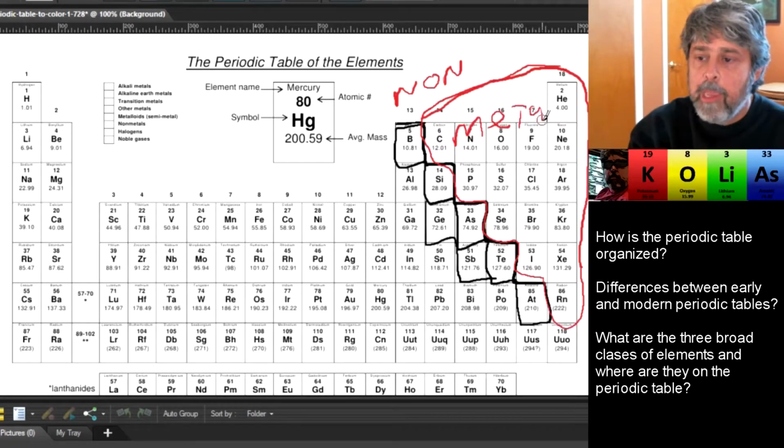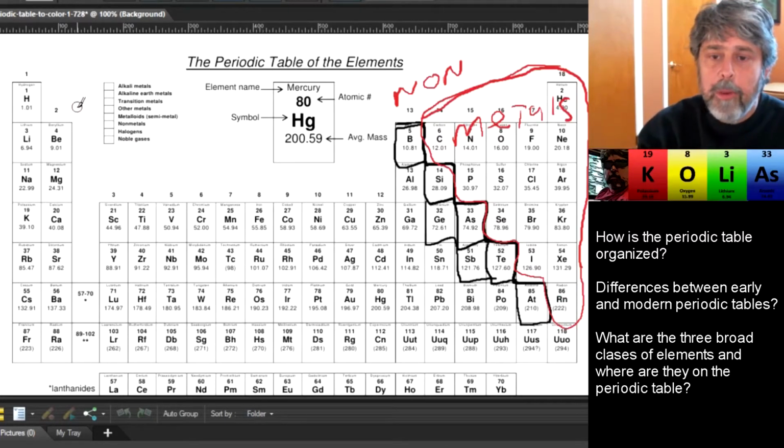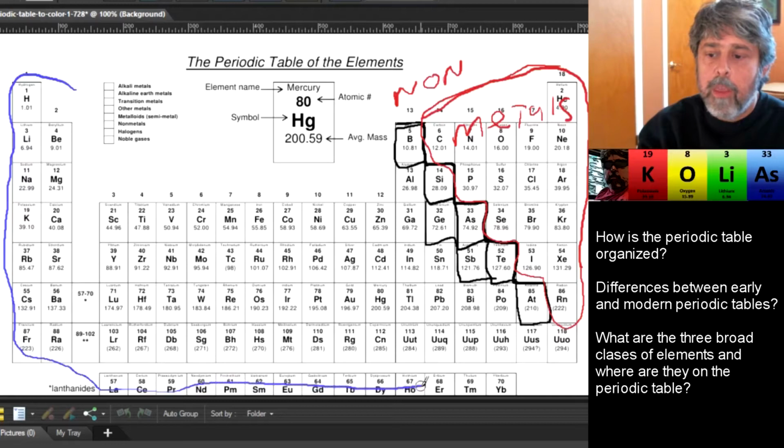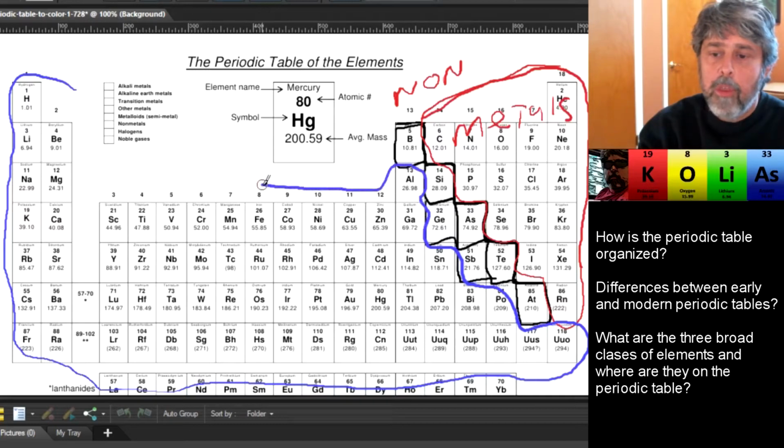There's not that many of them. To the right of the metalloid staircase. Everything else on the periodic table, all these guys, everything down here, even the actinoids, which got cut off on the screen here, these are all your metals.